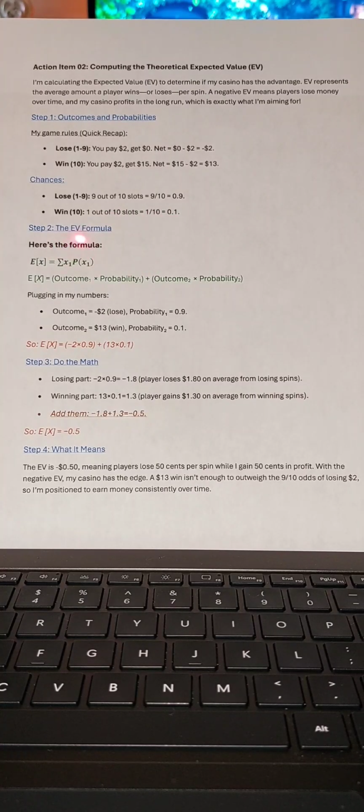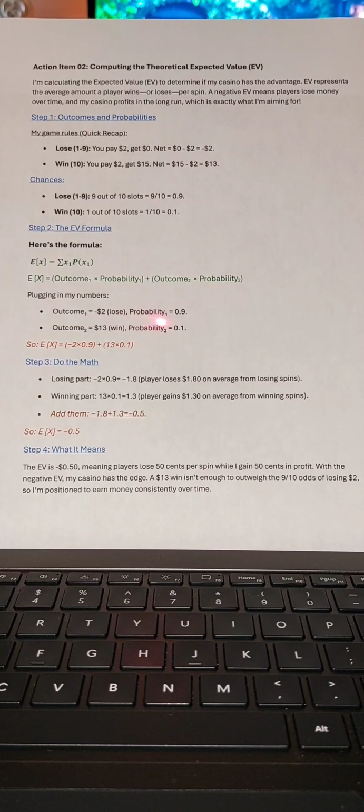Step 2. The expected value formula. Here's the formula. EV equals outcome 1 times probability 1 plus outcome 2 times probability 2. Plugging in my numbers, outcome 1 equals negative 2, or lose.